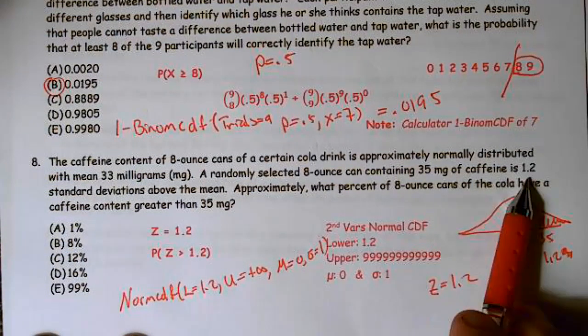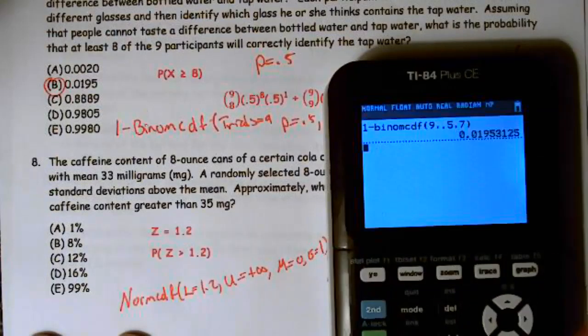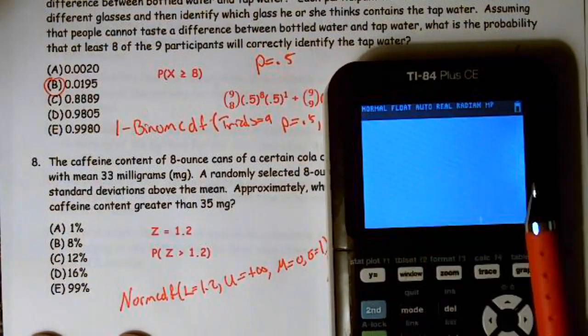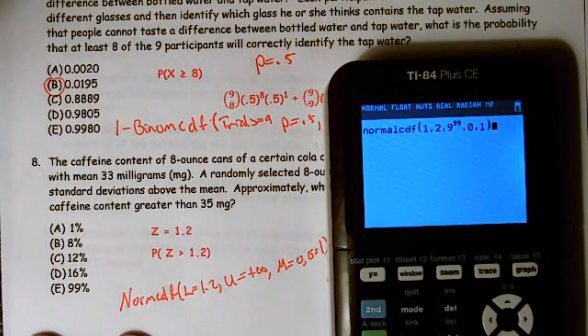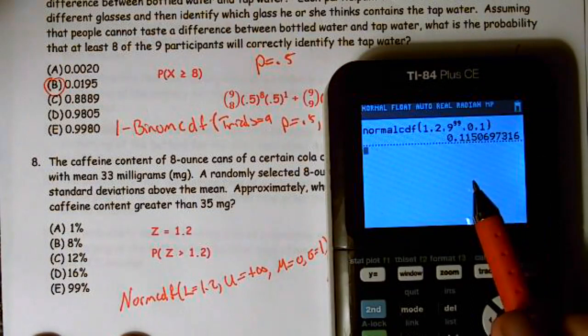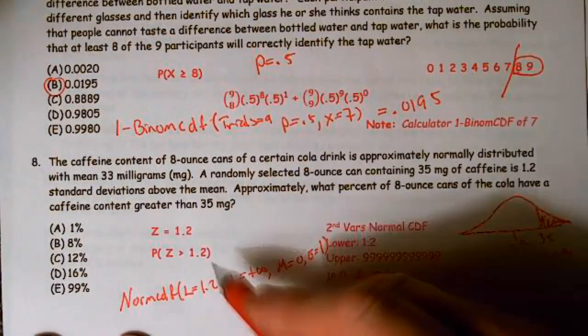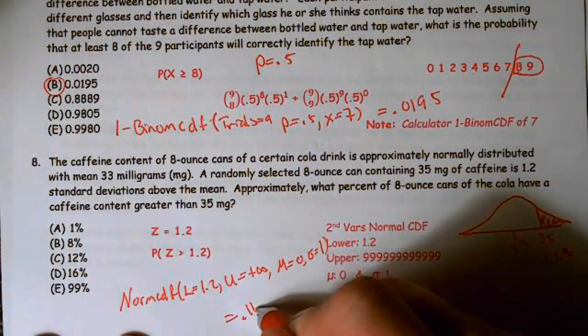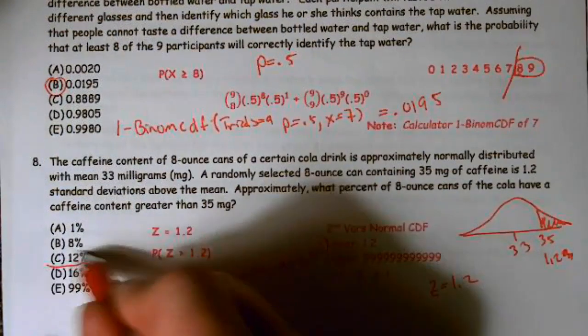It says it is 1.2 standard deviations, and the Z-score is the number of standard deviations. Don't forget that. So second bars, norm CDF, lower bound 1.2, upper bound 9.99, mean is 0, standard deviation 1. And we end up getting 0.1150. And when I look at my answers, the best answer is 12%.